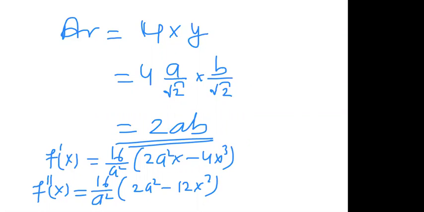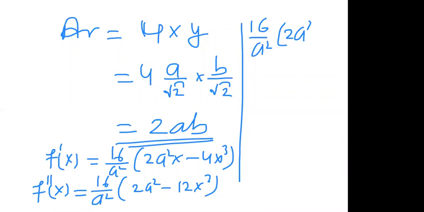Now the value of x I'm going to put, so that, negative or positive, I must get 16 upon a square into (2a square minus 12 times x square). x is a upon root 2, whole square is there, so I'll put the square.